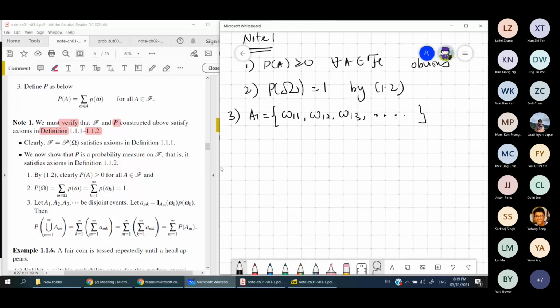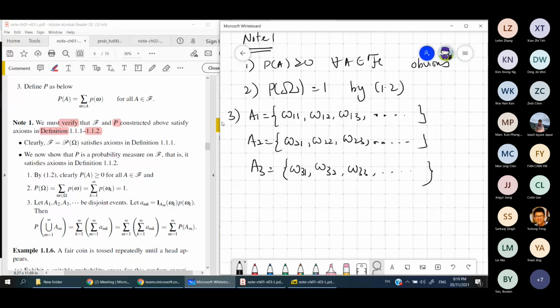And A3 will be omega 3,1, omega 3,2, omega 3,3. Because everything is discrete, we can label it in a discrete manner like this.